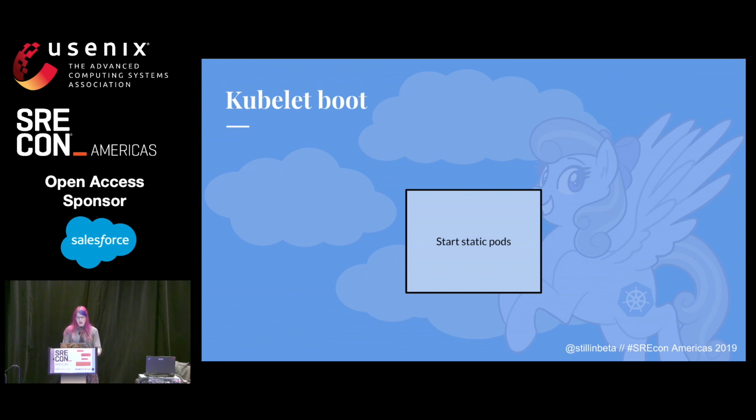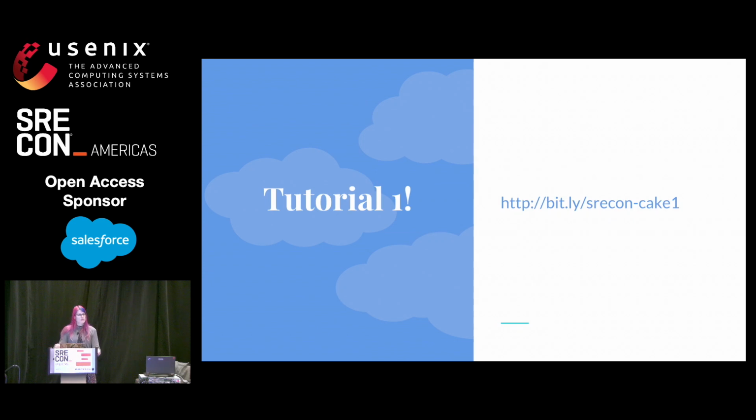And that is going to be your first task. Your mission, should you choose to accept it, is that you are going to go to your Ubuntu machine, install the kubelet, install kubeadm, and install Docker, and you are going to try to get one static pod working.